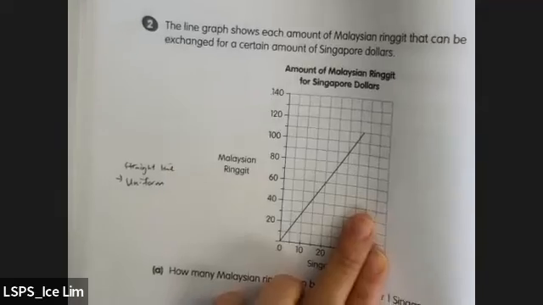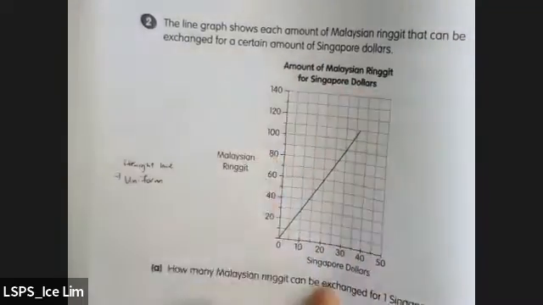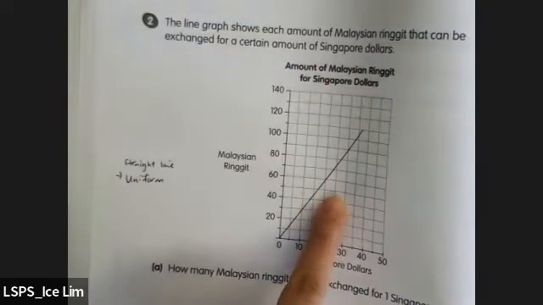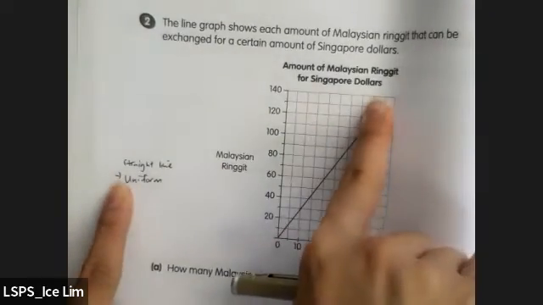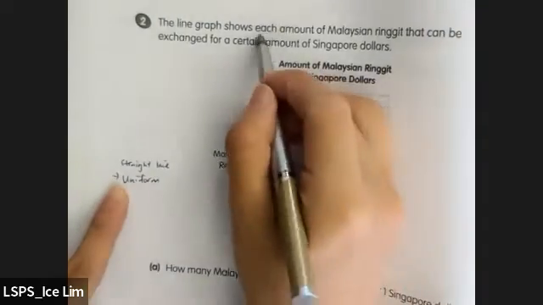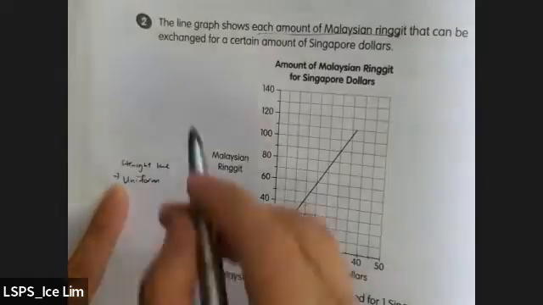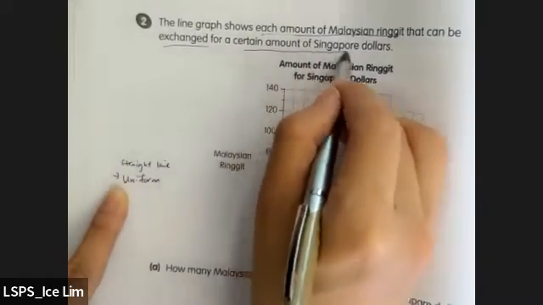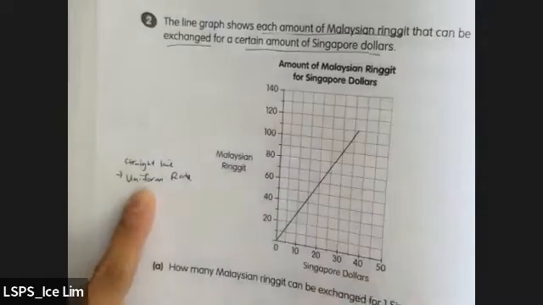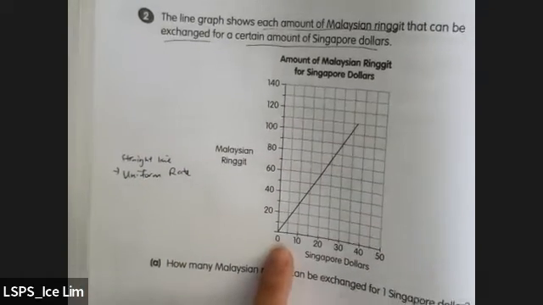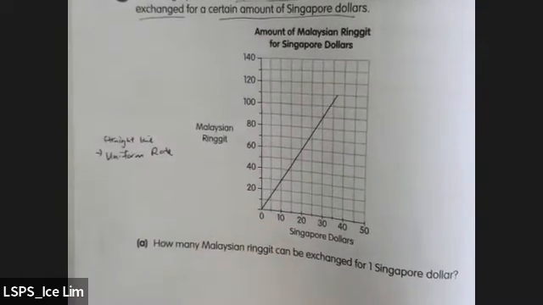What can I understand from the question? What can I understand from the graph? Once I can identify uniform rate, each amount of Malaysian ringgit is exchanged for a certain amount of Singapore dollars at a uniform rate. So if I have $0, that means it's 0 ringgit.